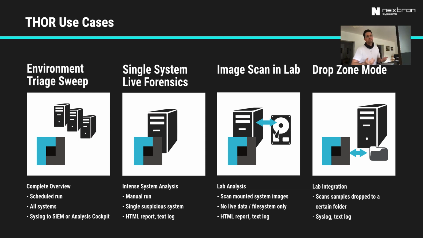That could take half a day or a day to complete. But with THOR Lite or with THOR, you could just bring that scanner to that end system and run a scan. This takes a few hours, but not a few hours of your forensic analyst's time.